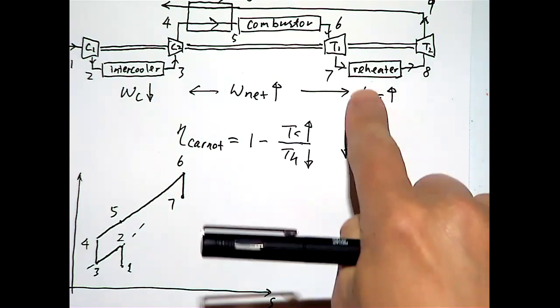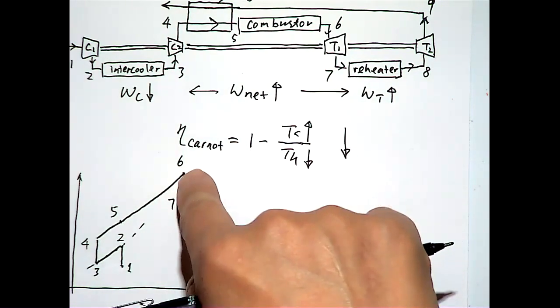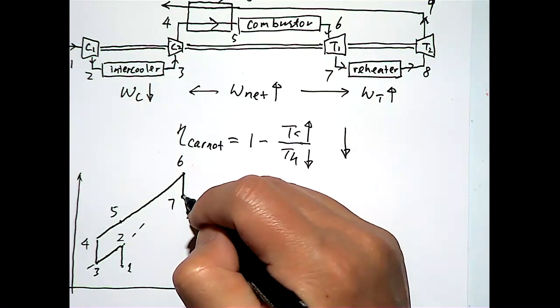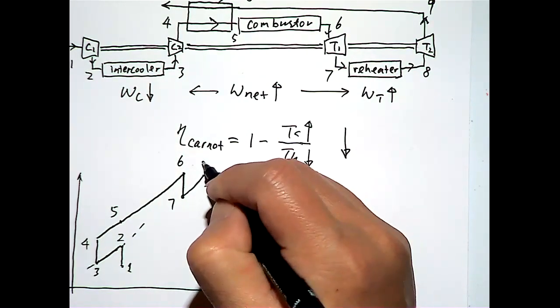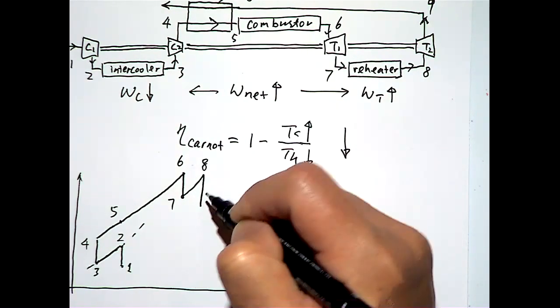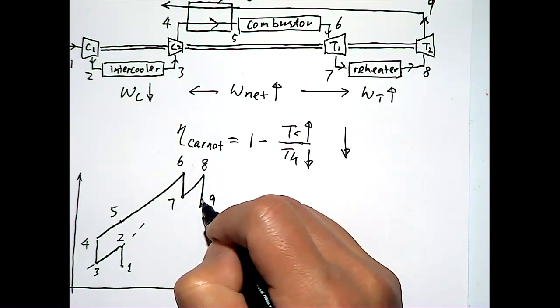And then the reheater. The reheater is essentially another combustor. You can consider this as just a smaller combustor happening at a different temperature and a different pressure, because the pressure now is lower than the combustor pressure. So you're going up there, and then going down. I should have drawn it here.